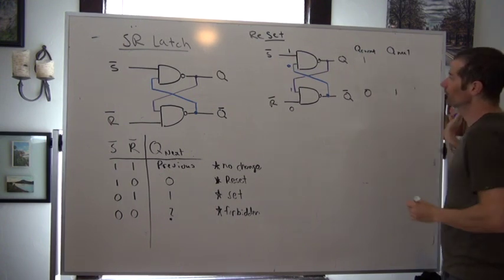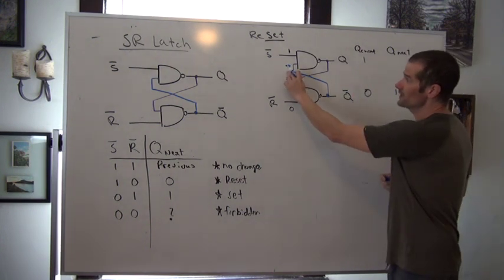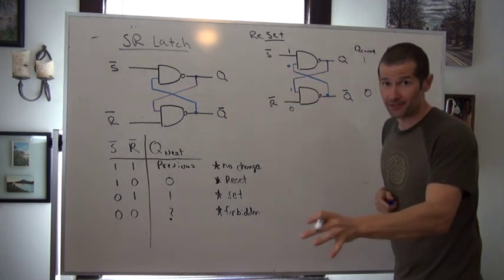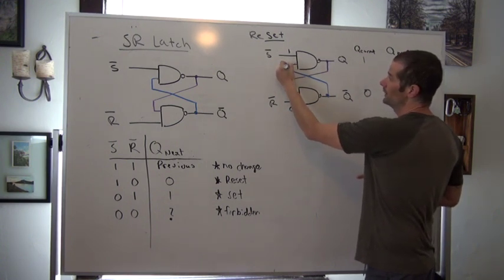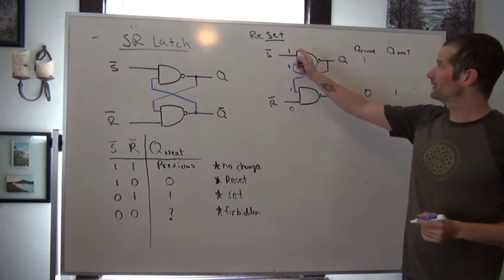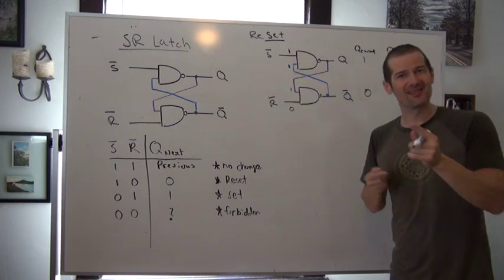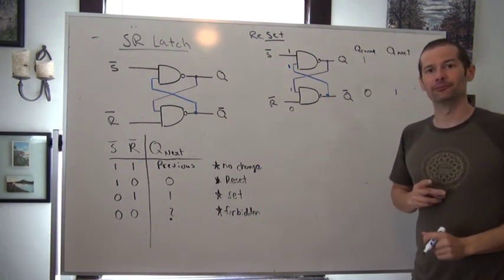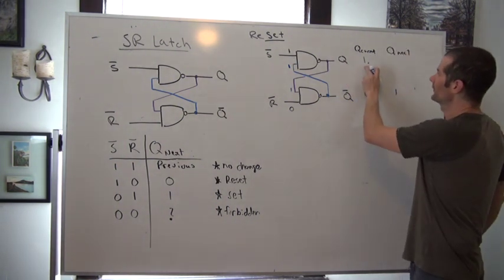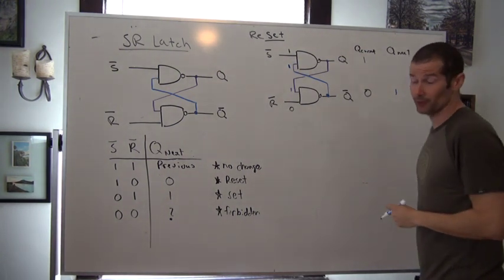So if 1 and 0 is NANDed, then that causes the next state for Q bar down here to become 1. Now, that means that the new value of this 0 at the top changes. That's gone. So now we have a 1 that's been NANDed with 1 at the very top. And what does that do when we get 1 and 1 NANDed together? That causes that 1 that was on the previous output to go to 0.